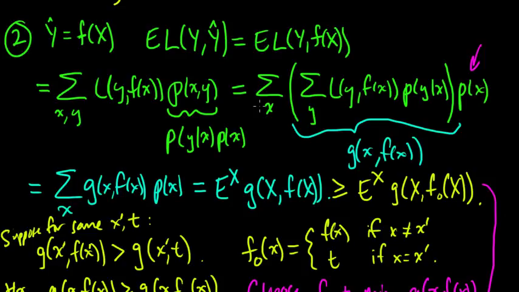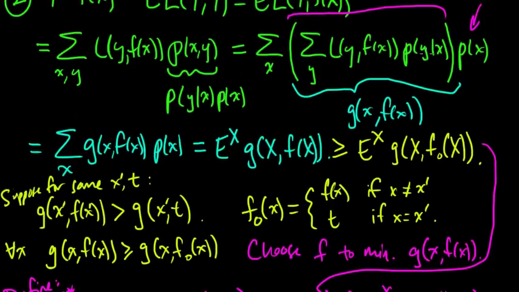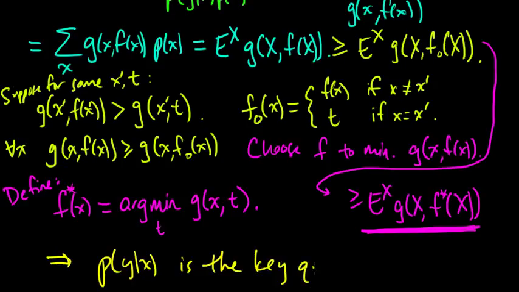To solve this minimization problem, all we cared about was this inner part, this g of x, which didn't depend on the marginal distribution at all. So when we defined our f, we just minimized the inner part. That's a very interesting observation. Once again, even in the general case, this conditional distribution p of y given x is the key quantity.